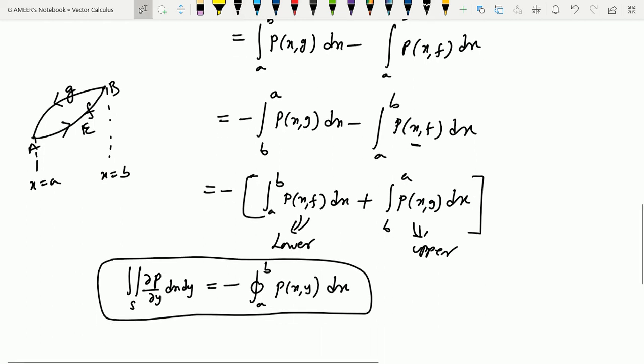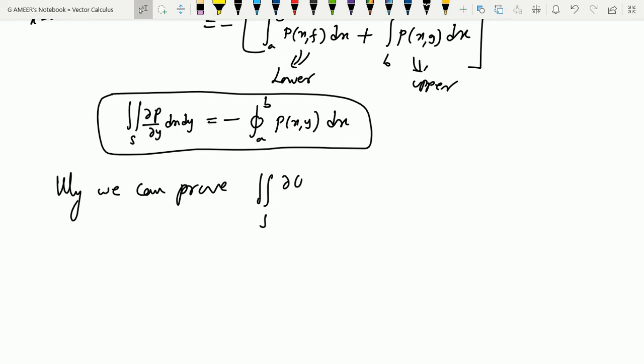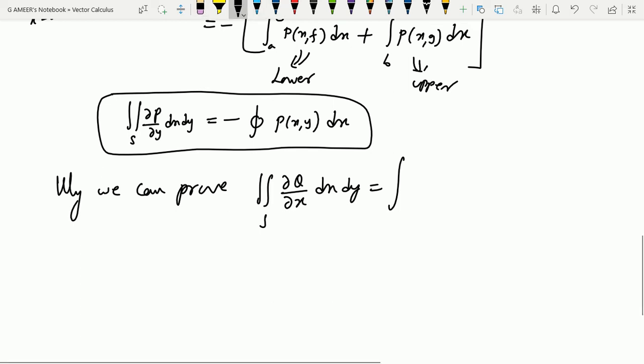Now similarly we can prove that the surface integration of dou q by dou x dx dy is equal to the integration, you don't need to put the limits here, I'm sorry. Simply you can write the complete curve. So for the complete curve it will be equal to q(x, y) dy.